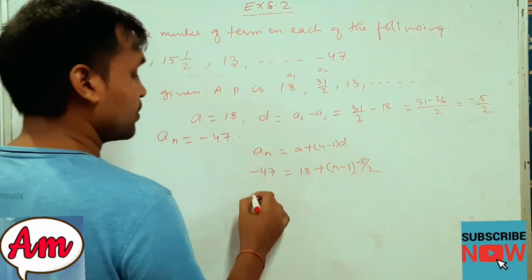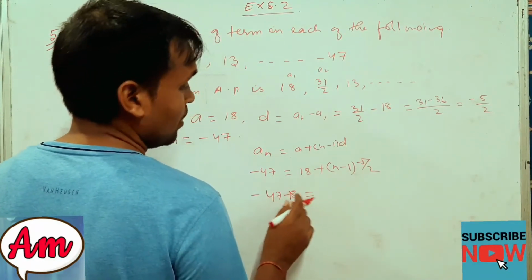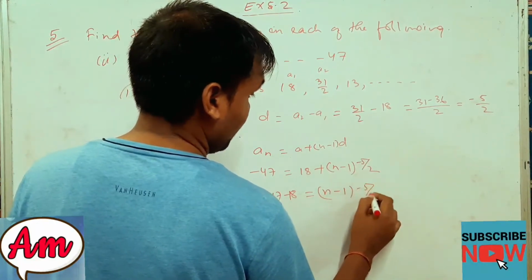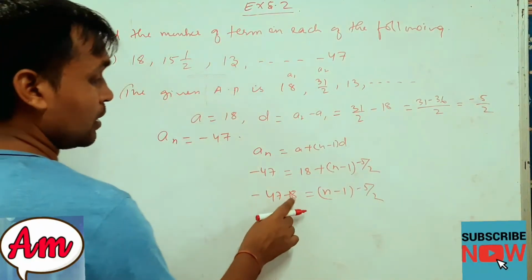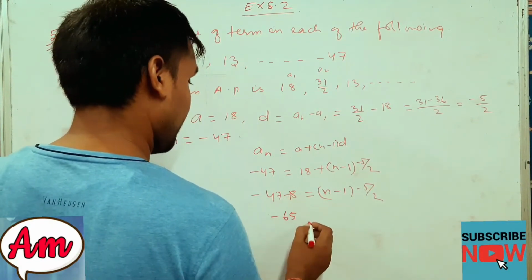So this 18 you bring this side, so minus 47 minus 18, and this side it will be (n minus 1) into minus 5 by 2. So if you do it, it becomes minus 65.